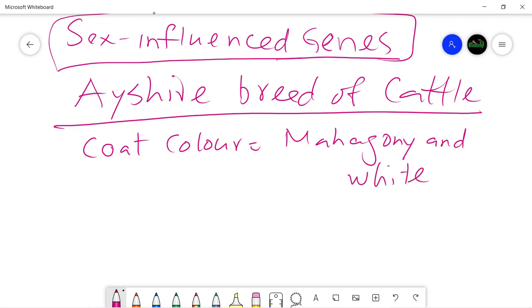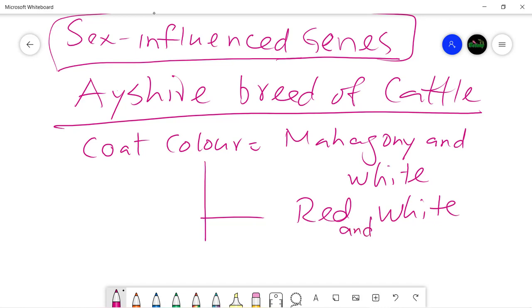Don't worry about the mahogany, what type of color it is, mahogany and white, and the other is red and white. So mahogany and white and red and white, these are the two coat colors that are found in this famous Ayrshire breed. These are the famous cattle of Scotland.